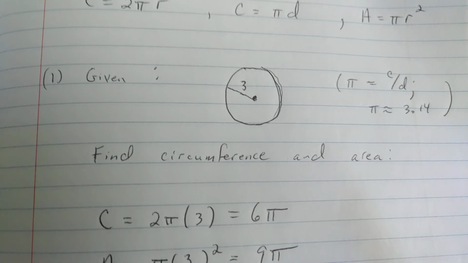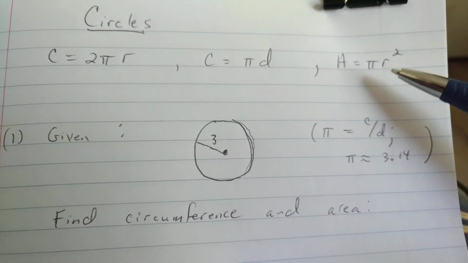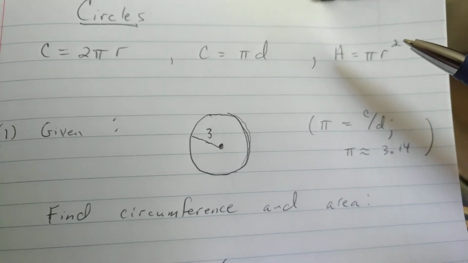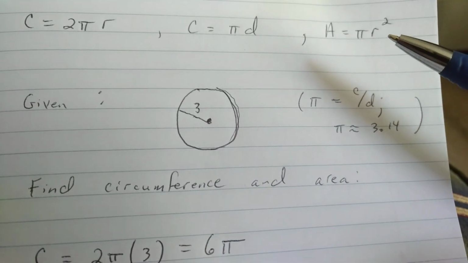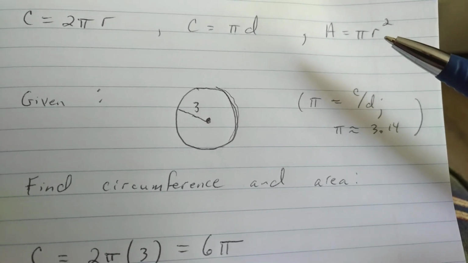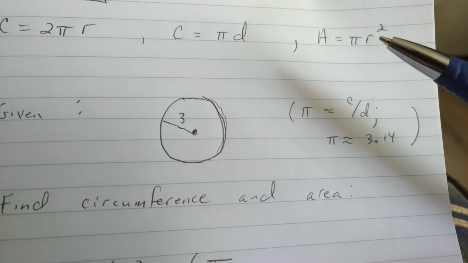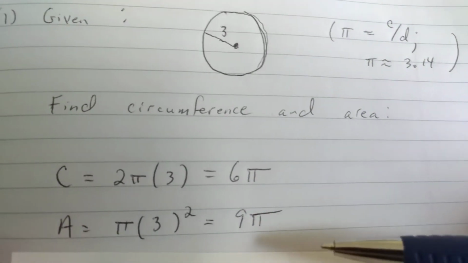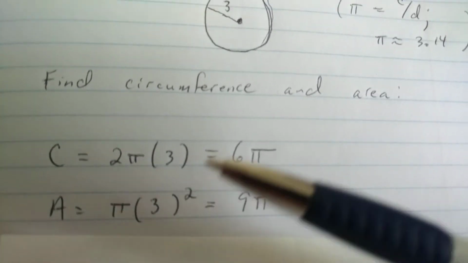Area, as we saw up above, is a two-dimensional quantity. It requires a square, like area of a rectangle, length times width, or area of a triangle, 1/2 base times height. In this case, we need 2 dimensions, and it's the square of the radius. The formula here is area is equal to pi times radius squared.